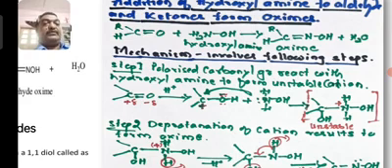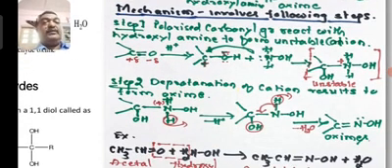Here you can see the lone pair of electrons on nitrogen moves towards the carbon, and the carbon's positive charge moves to the nitrogen as a plus, and the OH group attached to the carbon stays as it is, and there is a formation of NH2+OH.